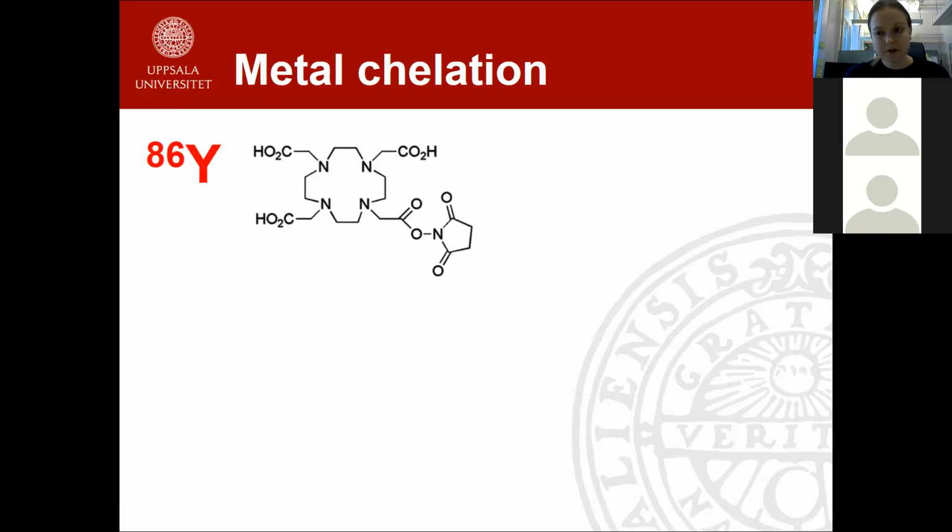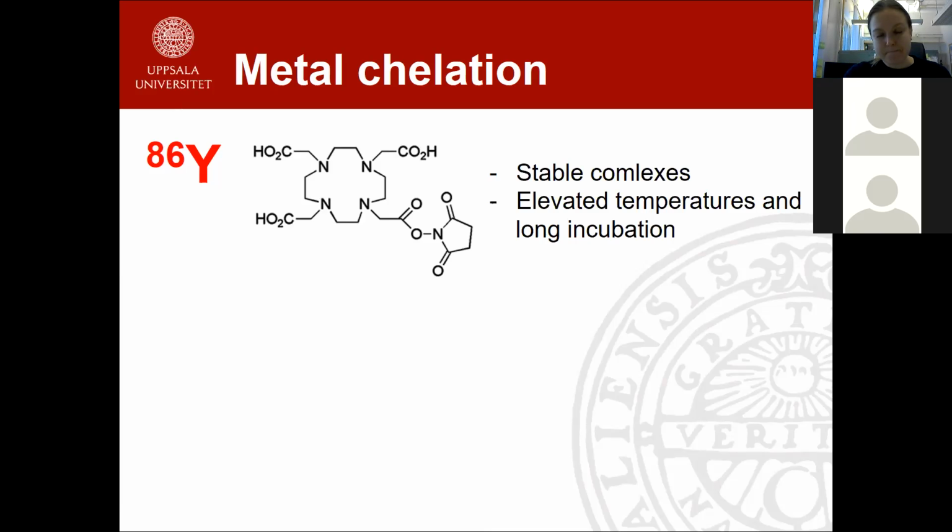And for this particular nuclide, it can form complexes with DOTA, with this chelator. It can form stable complexes, but in order for yttrium to go inside the cycle and to stay there very stably, you need to heat it to high temperatures for a long incubation time.